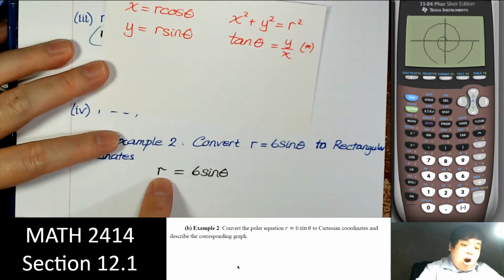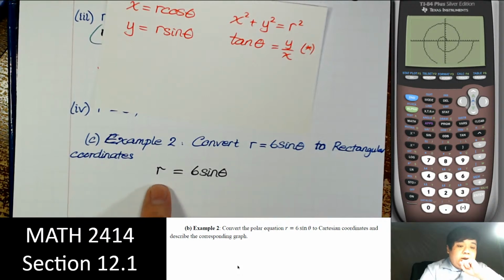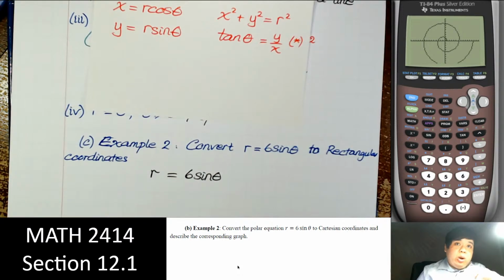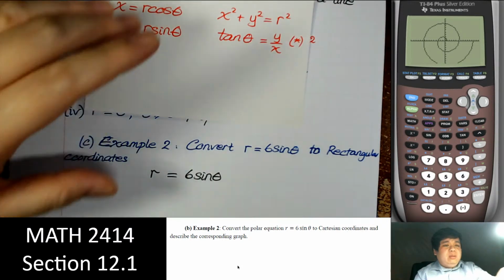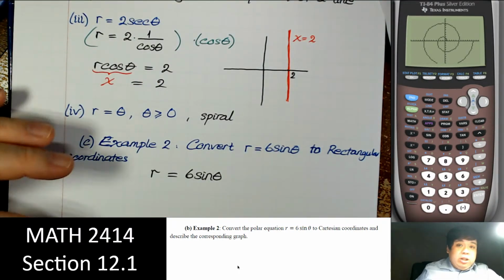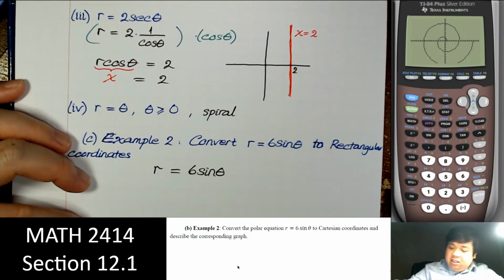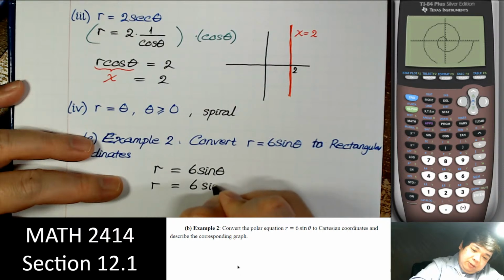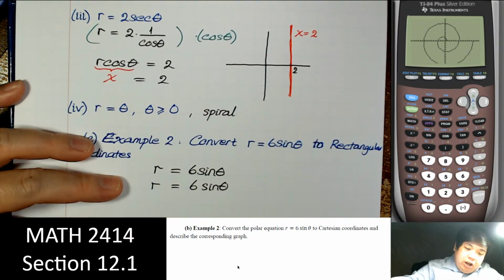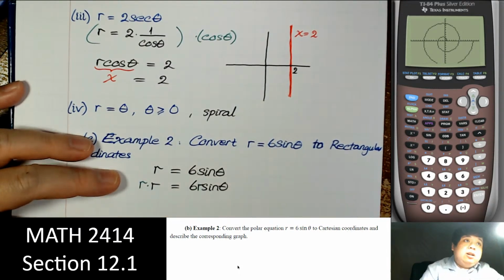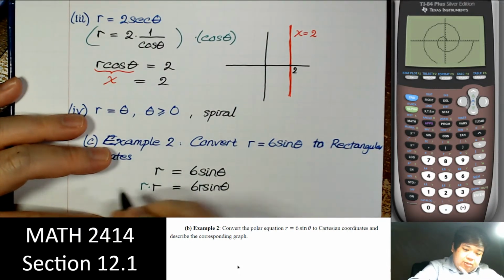It's very tempting to say r equal to 6 sine theta, and if we square it, we're going to have r squared equal to x squared plus y squared. So it's very tempting to square both sides. But if we square both sides, we have sine squared of theta, which isn't particularly helpful at all. So we do this little trick: why don't we multiply an r on both sides?